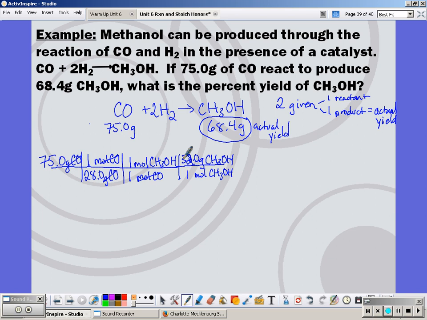So then I can multiply, I'm at grams of my product. I can multiply and divide, and I can get my theoretical yield of 85.7 grams.